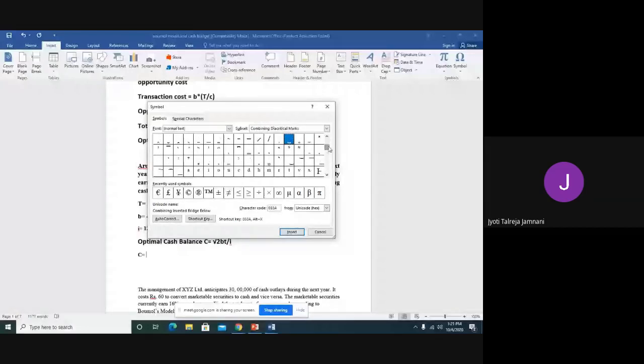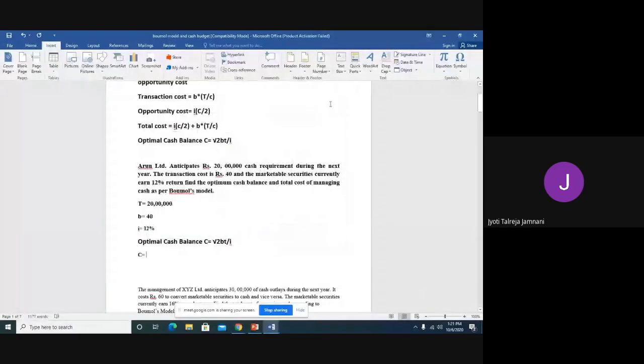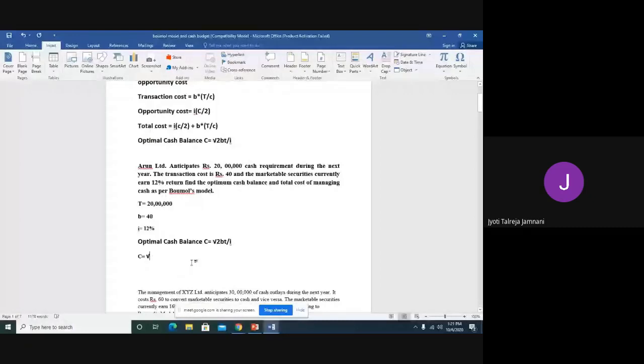I'll just copy this. C is equal to square root of 2BT divided by I. So square root, I've already written, into 2 into B. What is the value of B? 40. And into T. What is the value of T? 20 lakhs.